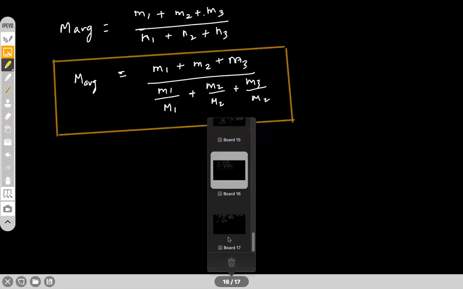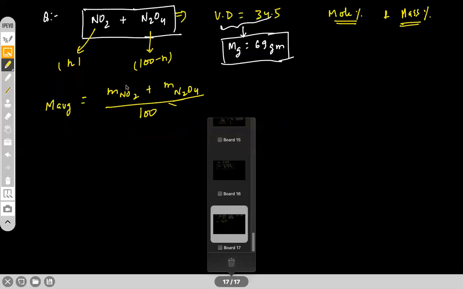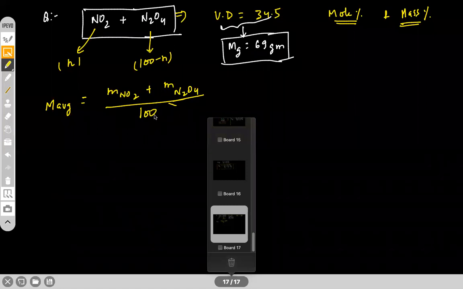Total mass means mass of NO2 plus mass of N2O4 divided by total number of moles. M average is 2 into the vapor density. That's what I wrote over here. Mass of NO2 plus mass of N2O4 divided by total number of moles is equal to M average.